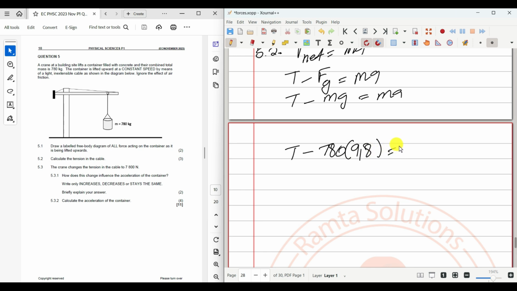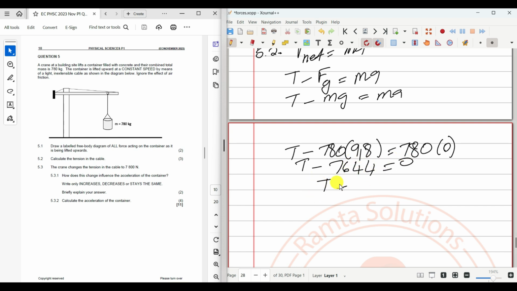The container is lifted at constant speed, so acceleration is 0. So tension minus 780 times 9.8, that's 7,644, equals 0. Therefore, tension is 7,644 newtons. That is our tension.